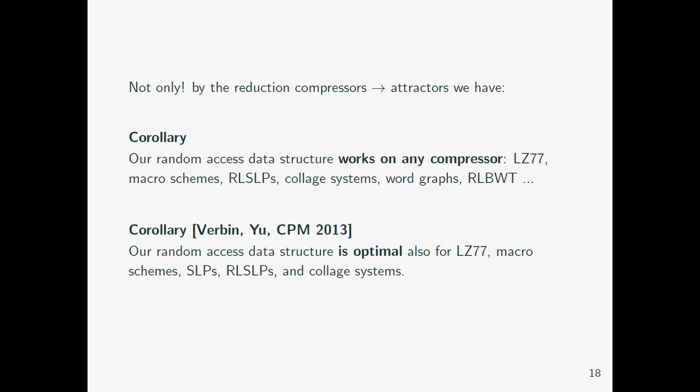So this is the first universal data structure that works for every dictionary compressor. Before, we had a different solution for each of these compressors. Now we have a single solution which is also optimal. And we can prove that the solution is indeed optimal also for most of the compressors, so for Lempel-Ziv, grammars, and so on.